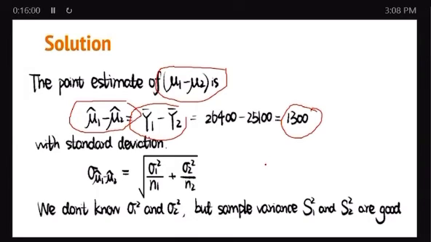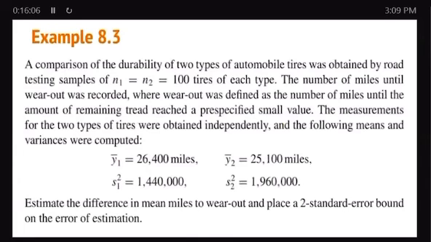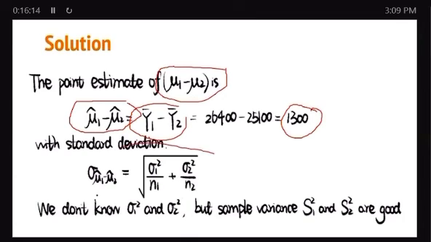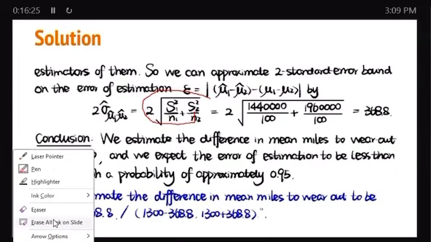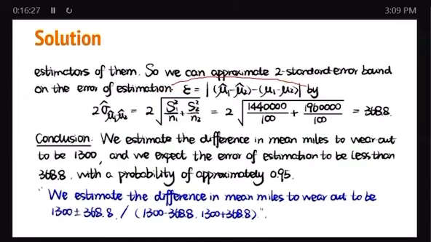Now, because the samples we are choosing are large enough, n1 and n2 equal to 100 tires, we can invoke the central limit theorem. And this is going to be the standard deviation. I gave you this guy the other time. In the end, what I'm actually seeking is this. This is the error bound that I'm seeking.